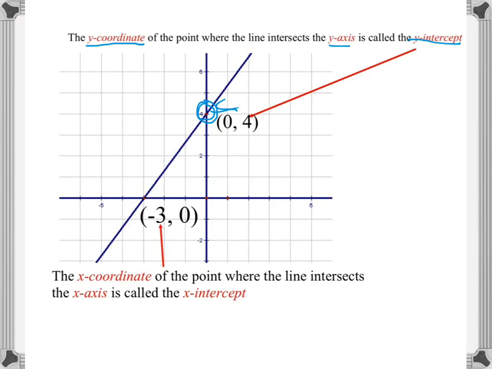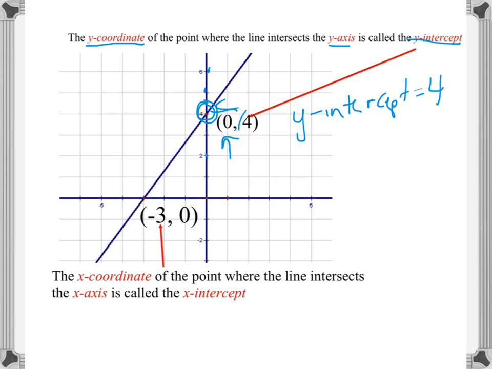Here this point has coordinates (0, 4), right? It makes sense that the x-coordinate was 0 because the point is on the y-axis, and every single x-coordinate on the y-axis is 0. But it's 4 units up along the y-axis, so it has the coordinates (0, 4). So we say that the y-intercept is 4.